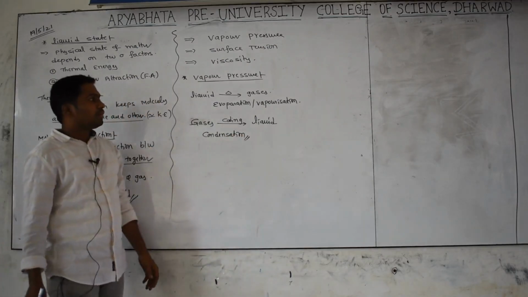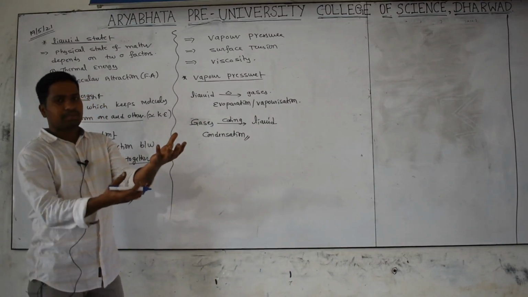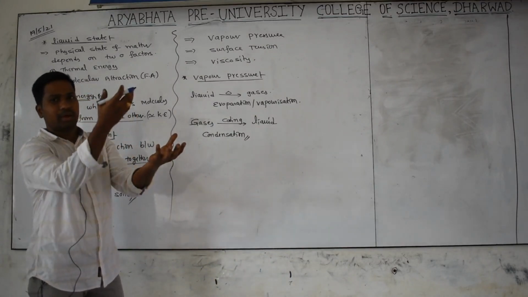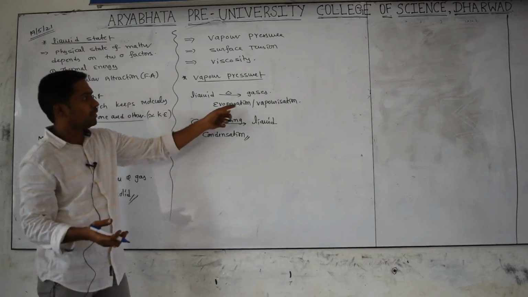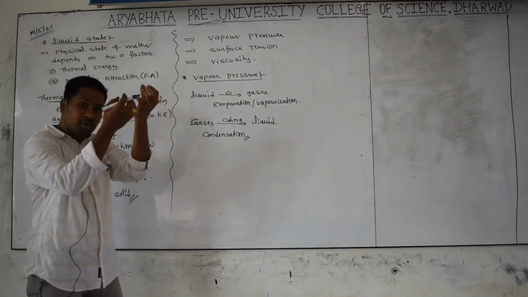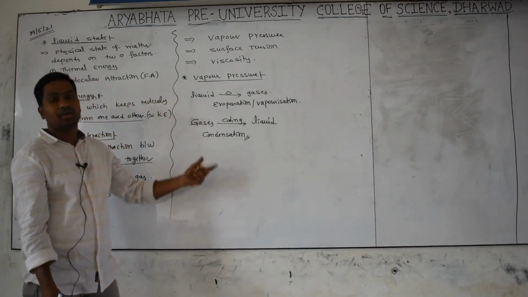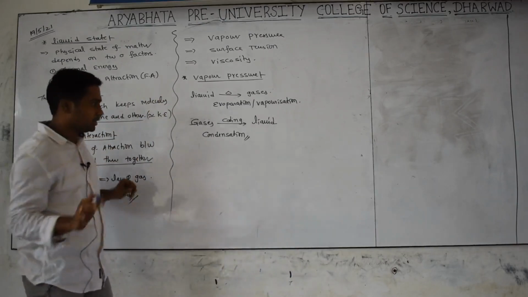What is the meaning of vaporization or evaporation? You take water and supply heat energy, and the water evaporates. That's why it's called evaporation or vaporization. If you take gas and decrease the temperature, meaning cooling, it becomes a liquid, called condensation.